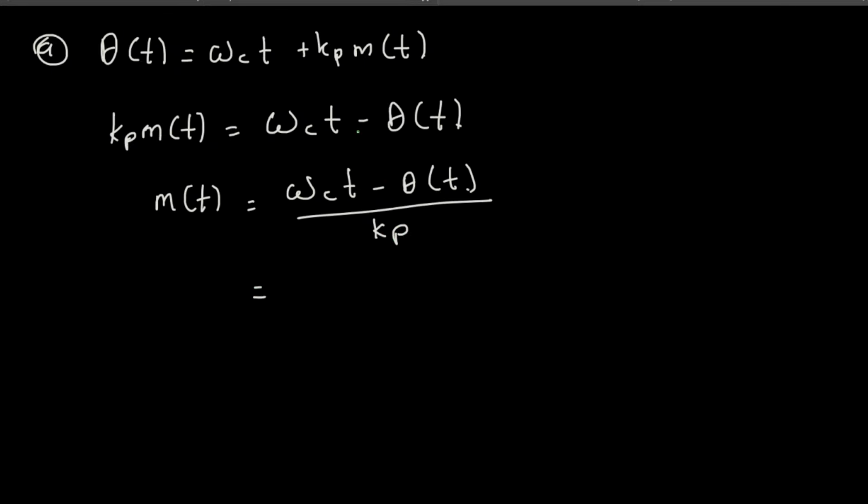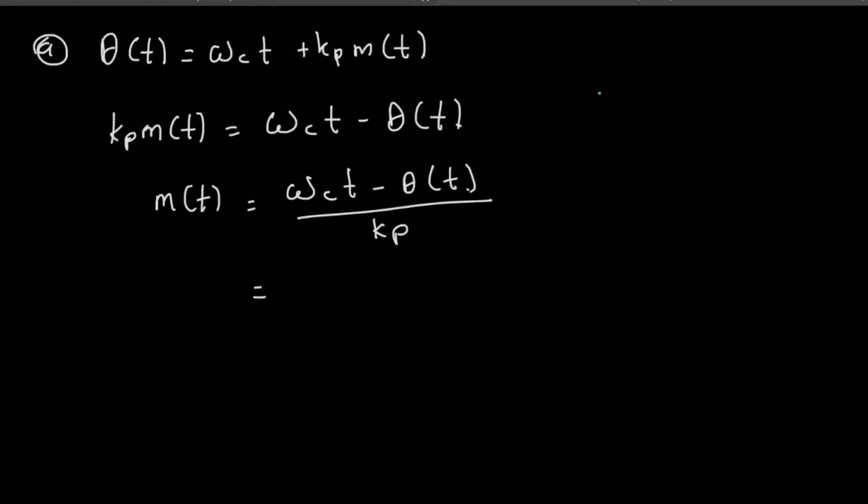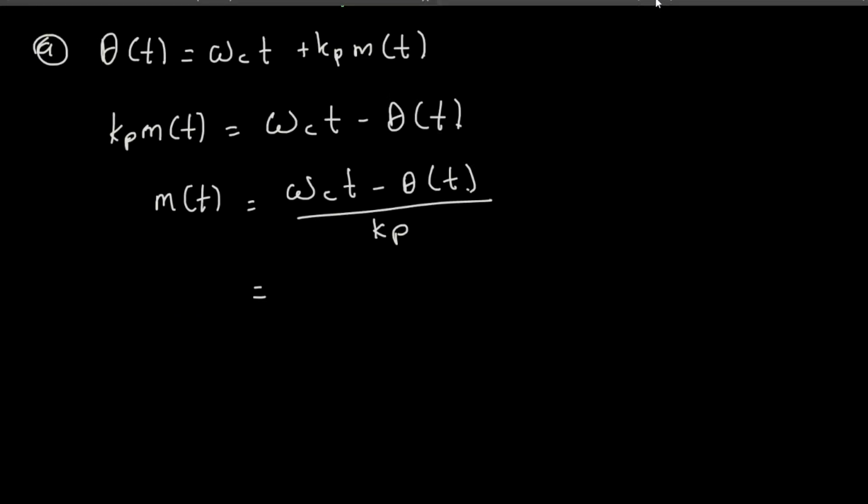Now we have all these values available. Omega_c t is 10,000 pi t, and theta of t is 13,000 pi t. Okay, you know what, I made a mistake here.